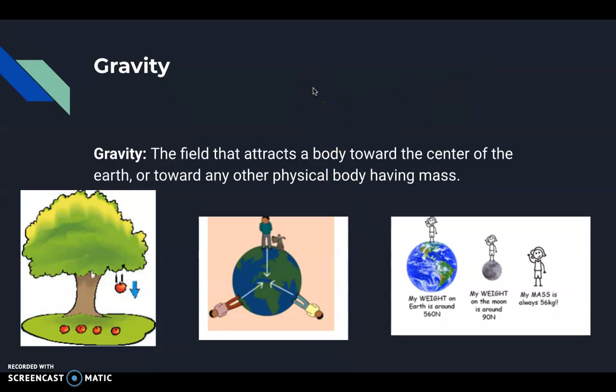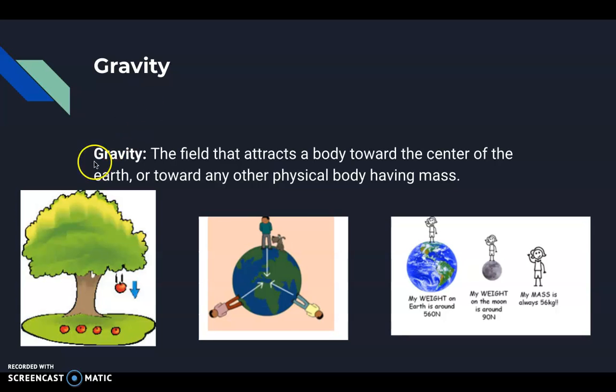As defined, gravity is a field that attracts a body towards the center of the Earth or towards any other physical body having mass. So that's how we can interpret gravity on our planet. This field of gravity is invisible. We can't see it, but it's affecting the motion that occurs on our planet constantly.